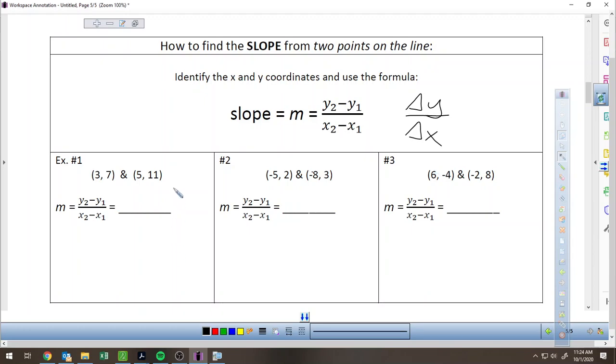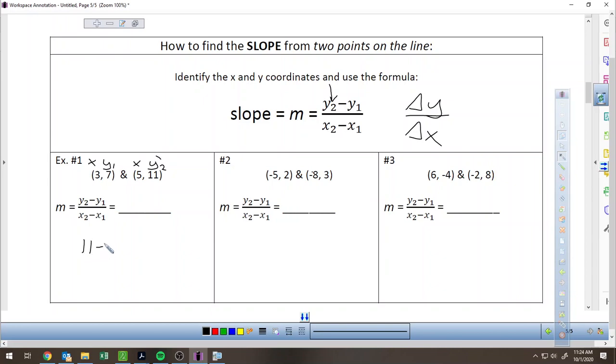So down here, I'm going to write it out and do it. First of all, you have to understand here, the first number is x, the second number is y. People always get this backwards. I have to do my second y, which would be right here, minus the first y. So y2 minus y1.